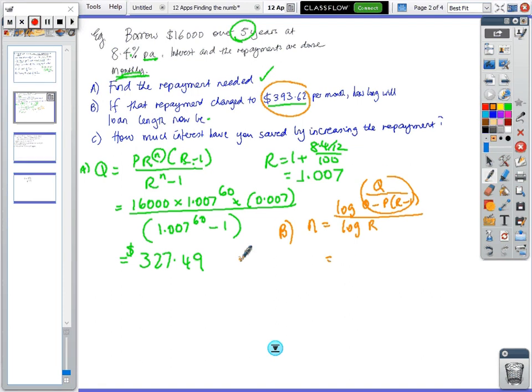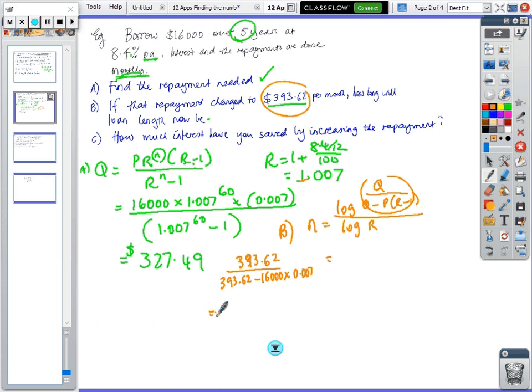So we've got 393.62 divided by 393.62 minus 16,000 times R minus 1, which is just the 1 taken out, 0.007.